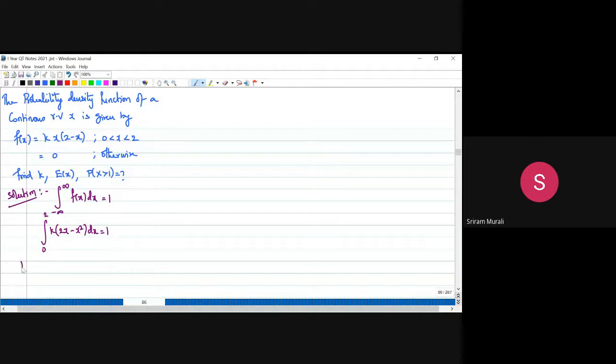K is out of the integral. It is 2 into x square by 2 minus x cube by 3 over the limit 0 to 2, equal to 1. So k into (4 minus 8 by 3) is equal to 1. So k is equal to 3 by 4.